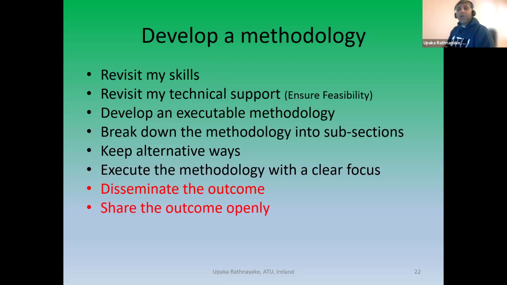So share the outcome openly. Keep it in open access if you can, because it's very important. When it is in the research world, you don't bind people from reading the information. Give enough information to the people to read. So try to give them open access as much as possible.